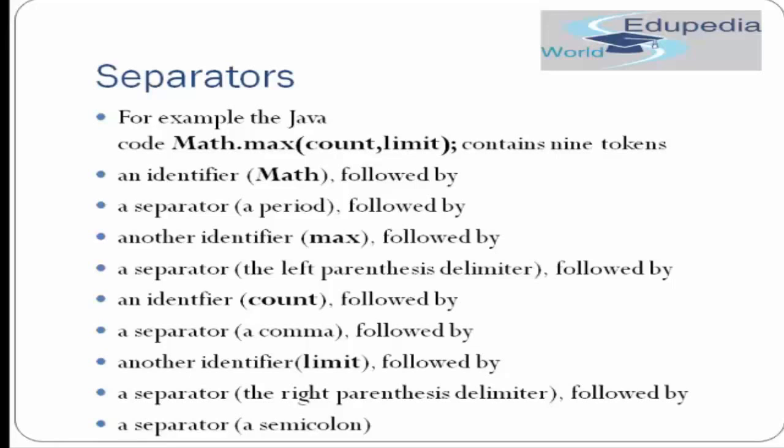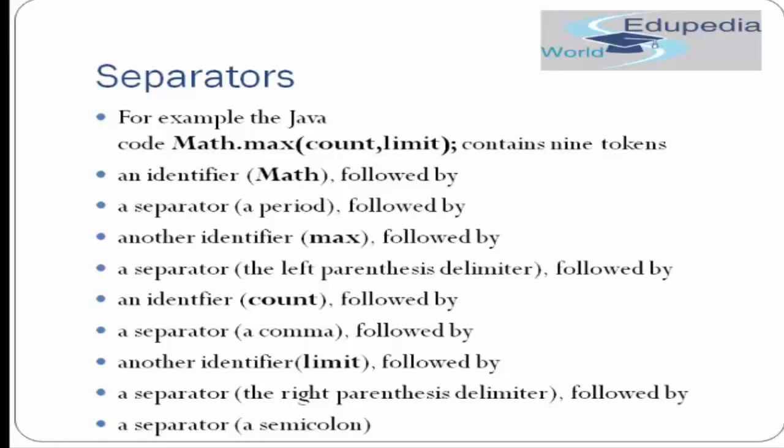Then it is followed by count. So count is a variable. It can have any integer value. And then again we have a separator, which is a comma. So you see a separator comma is used.